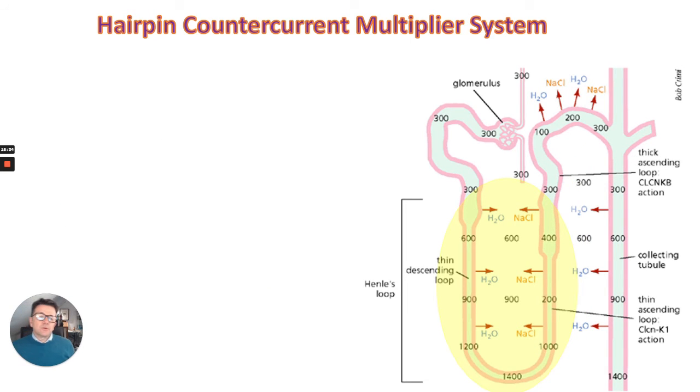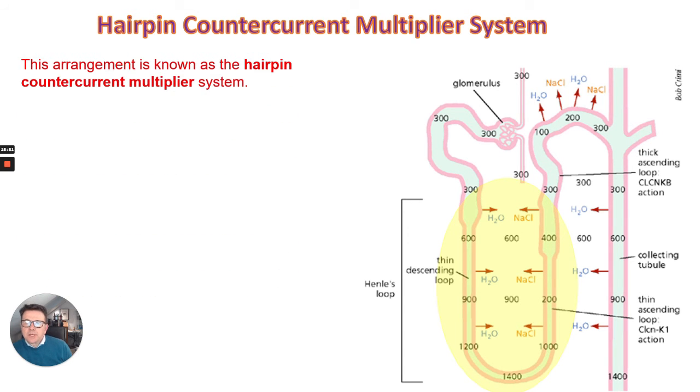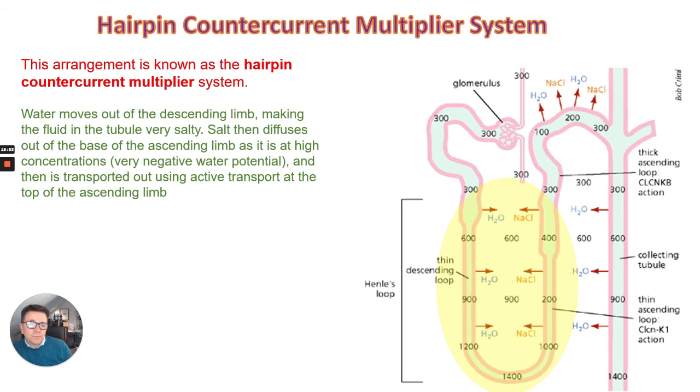Then we come to this thing called a hairpin countercurrent multiplier system. You've got two different directions: in one direction water is being lost, and in another direction sodium and chloride ions are being lost. So water moves out, as we know, and it makes the fluid in the tubule very salty.